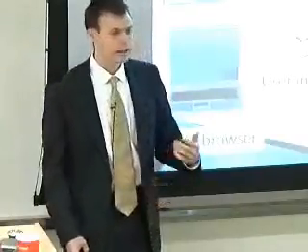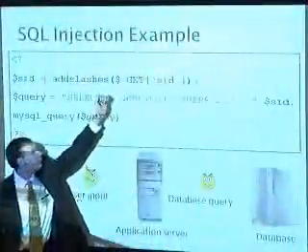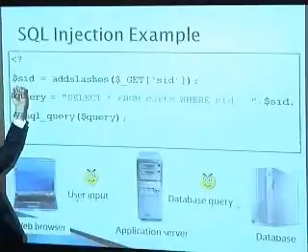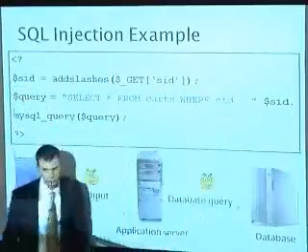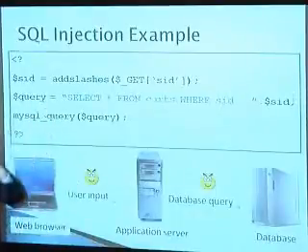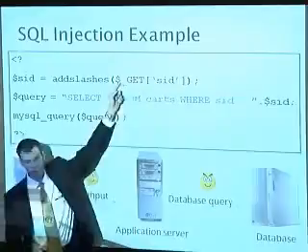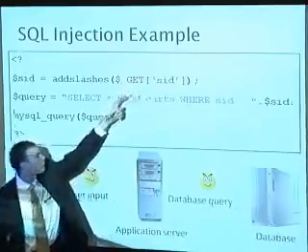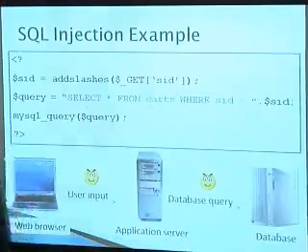And users are identified and linked to carts by session identifiers. So this code is getting the user's session identifier, passing it through the addslashes function, and concatenating that onto this constant string to form a query which gets sent to the database. I've shown this in red to show it's untrusted, coming from the user, and this in blue to show that it's trusted, coming from the application code.